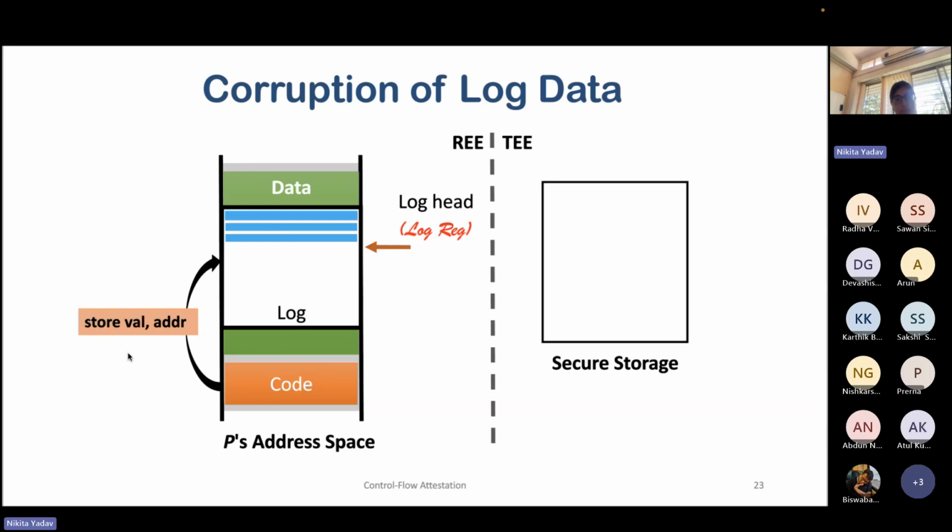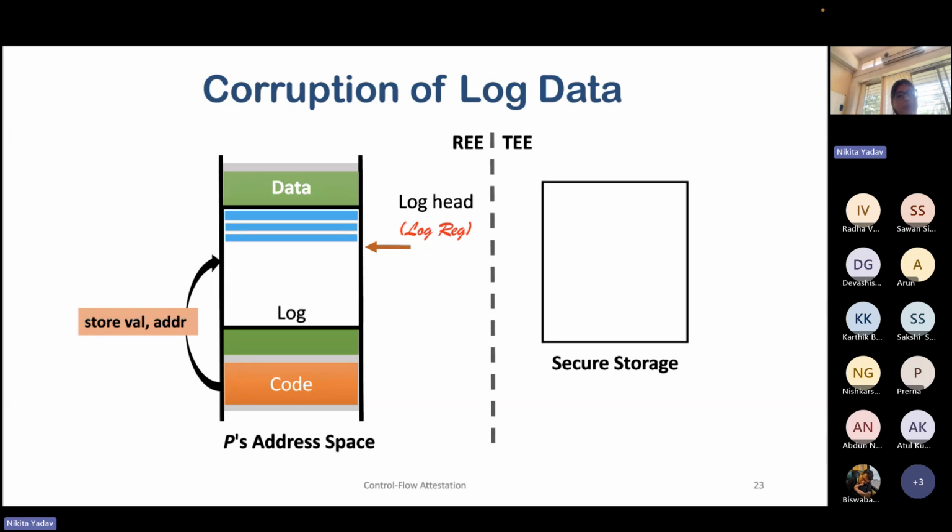So what we do is check all the store instructions. There are two kinds of store instructions in the program. One is the instrumentation which we add, which can write to the log, but the store instructions which are already present in the code should not be able to write to this log region.